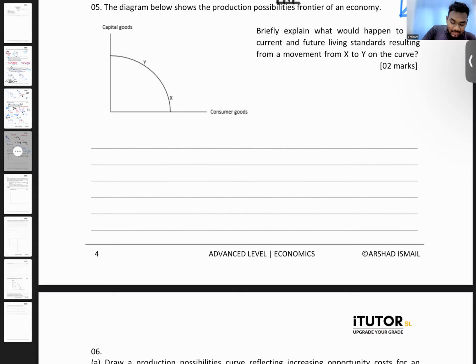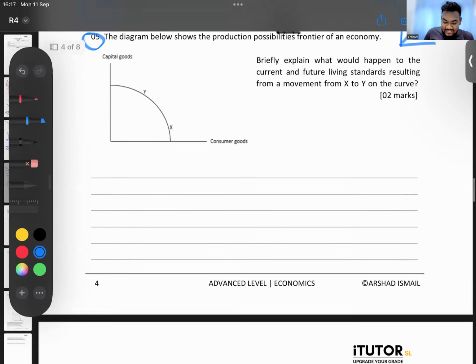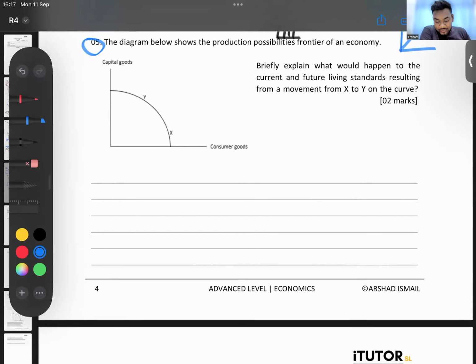We'll start with question number 5. Question number 5 says, the diagram below shows the production possibility curve of an economy. Briefly explain what would happen to the current and future living standard resulting from a movement from X to Y on the curve. Yes.